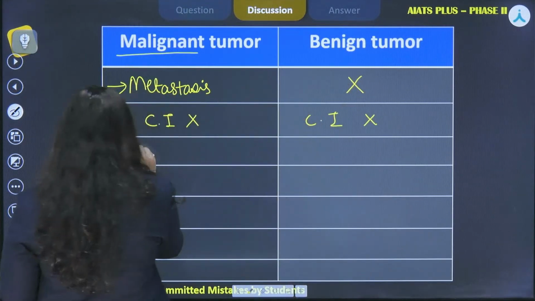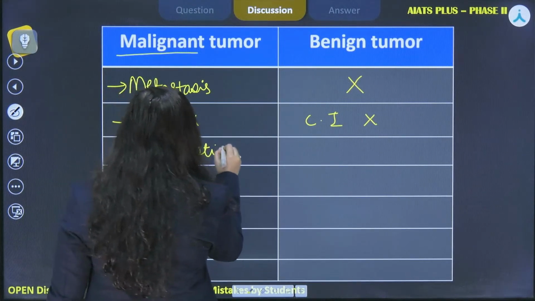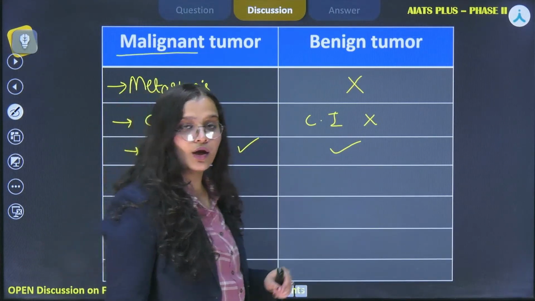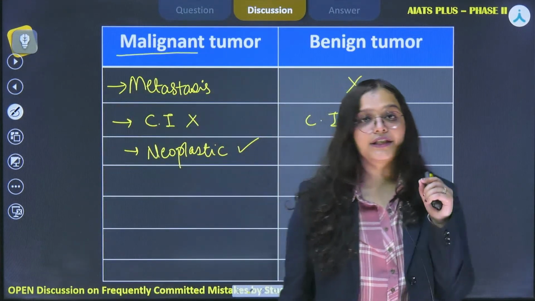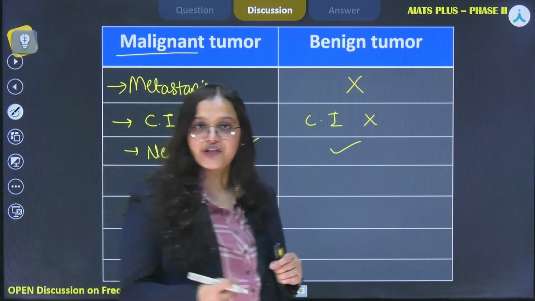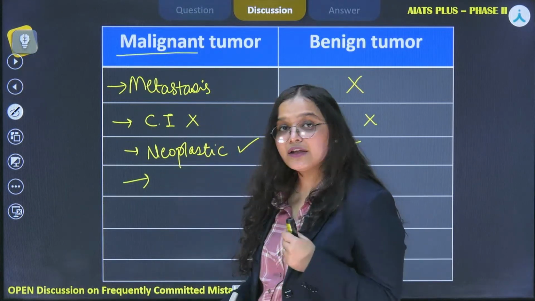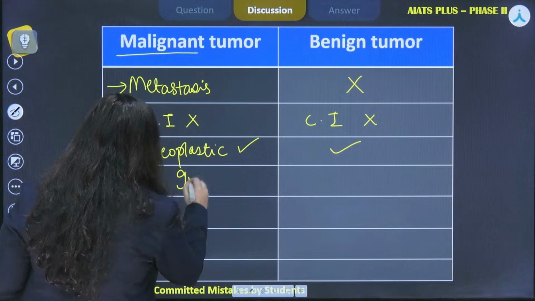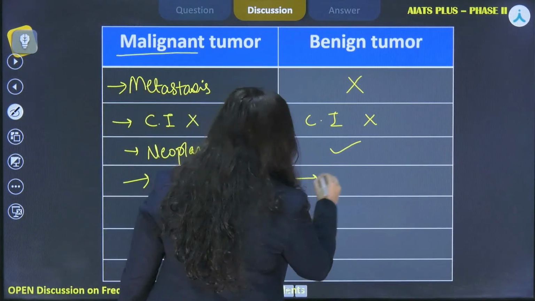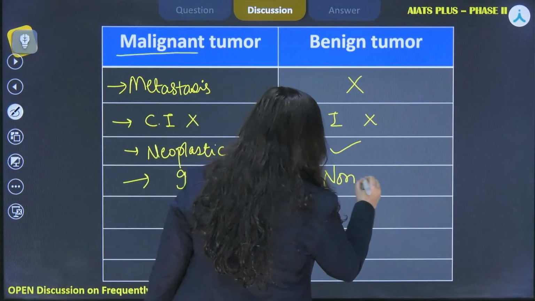So we say that neoplastic transformation has occurred in both of them. Then we have another way to say that malignant tumors are more dangerous, as we say that they are more invasive in nature. They are invasive, whereas benign tumors are non-invasive.